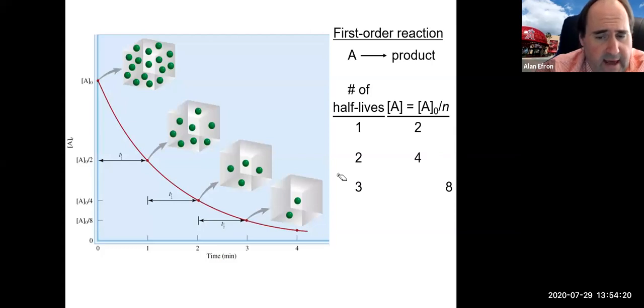And obviously the half-life, as we also talked about in nuclear chemistry, is the time it takes for half of whatever you started with to go away. And here we can see in this first order, after the first half-life, we got half the circles left. Second half-life, half of that, and it continues. After about 10 half-lives or so, you'll be pretty much out of circles, whatever you started with.